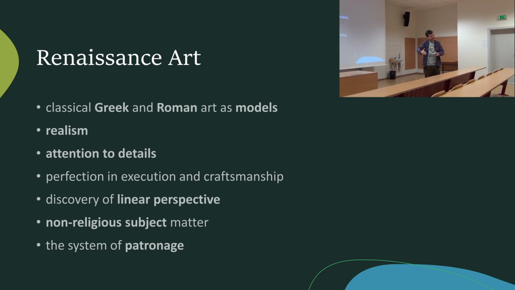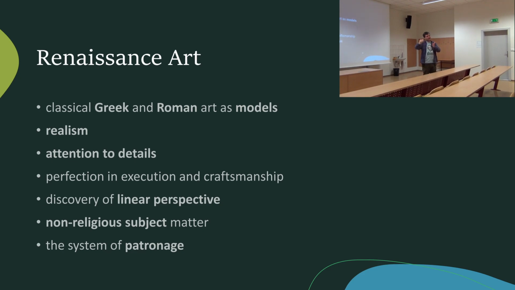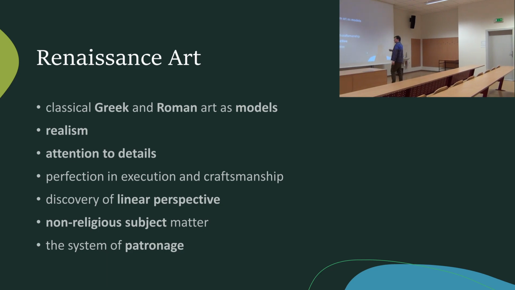A Renaissance artist considers being a painter or a sculptor or an architect a job. He considers himself a craftsman. And basically, the more perfectly, in a more realistic, in a more detailed way, like a real person or a real house or whatever the thing looks on or in the painting, the more convinced he is and everybody else that he is a good craftsman. So that's why attention to details.